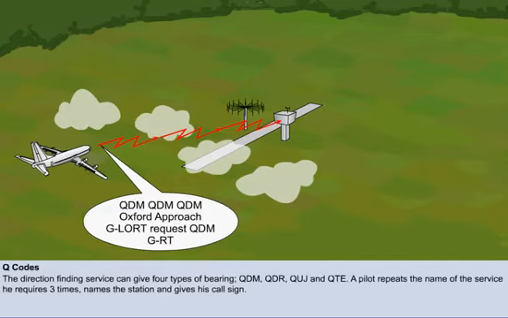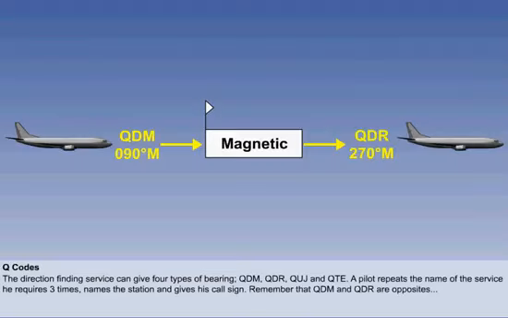He would say, QDM, QDM, QDM Oxford Approach, Golf Lima Oscar Romeo Tango, request QDM Golf Romeo Tango. Notice that the reciprocal, that is the opposite of QDM, the magnetic track to the station, is QDR, the magnetic bearing from the station.